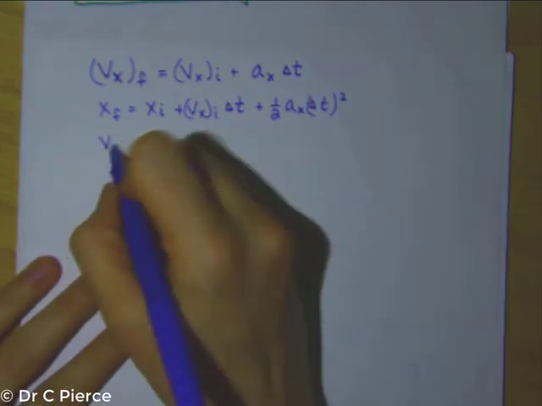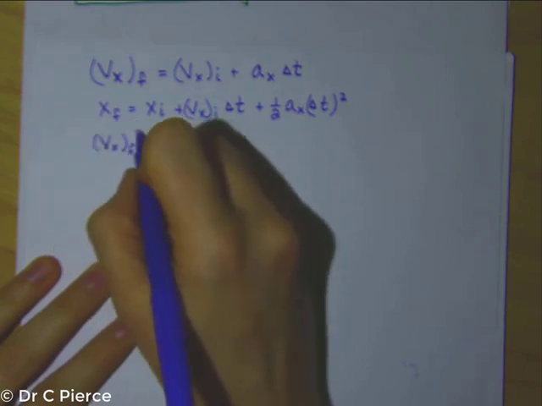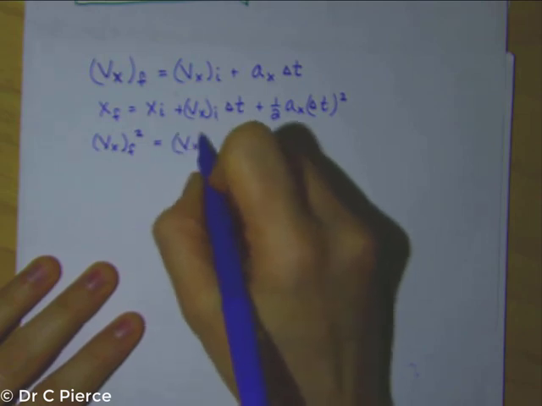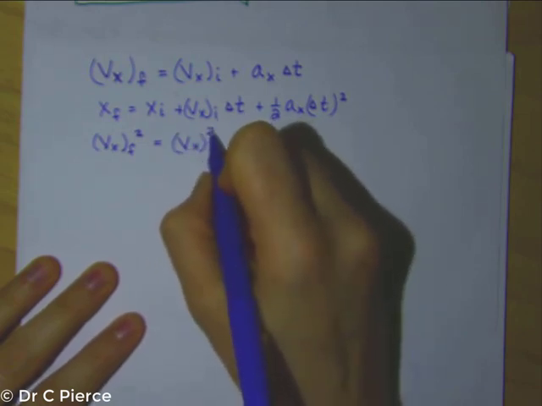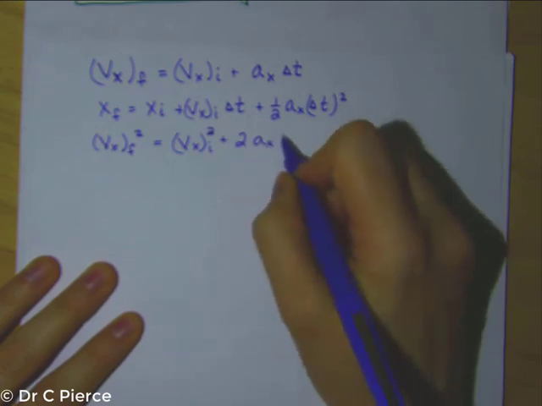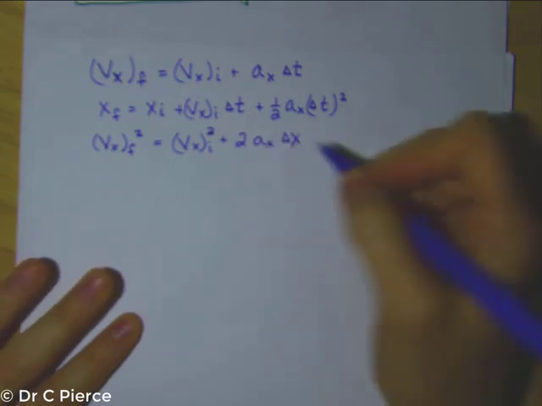And vx final squared is equal to vx, the initial value, squared, plus 2ax times the displacement, delta x.